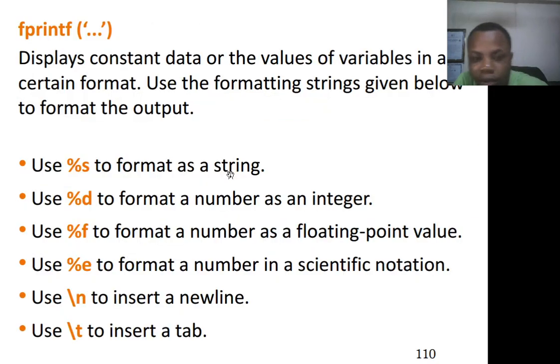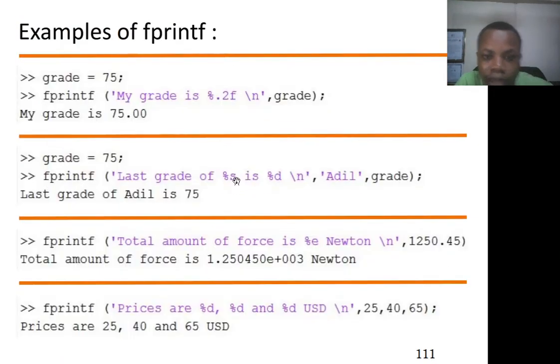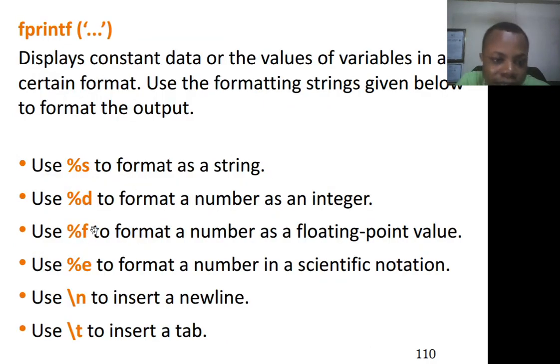Remember that the % sign and s is going to be a string, then followed by s, which is also a string, then also a % sign and d. And remember that a % sign and d refers to an integer. So first of all, we have a %s followed by a %d.